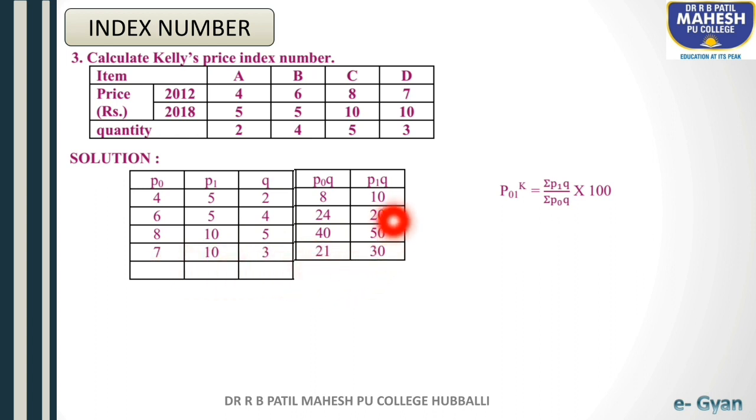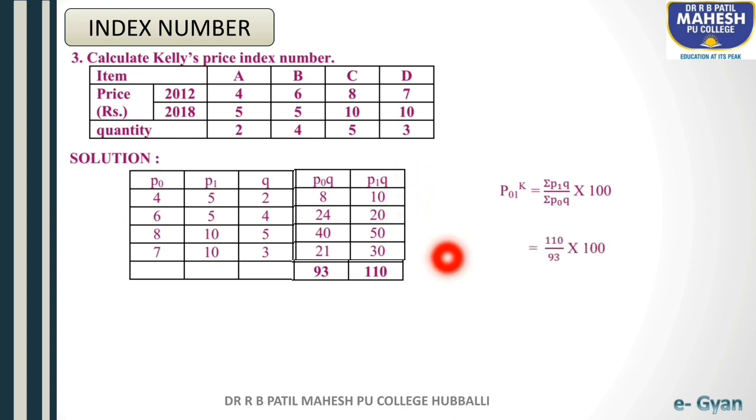Next find P1 into Q: 5 2s are 10, 5 4s are 20, 10 5s are 50, and 10 3s are 30. After adding, summation P0Q total is 93 and summation P1Q total is 110.